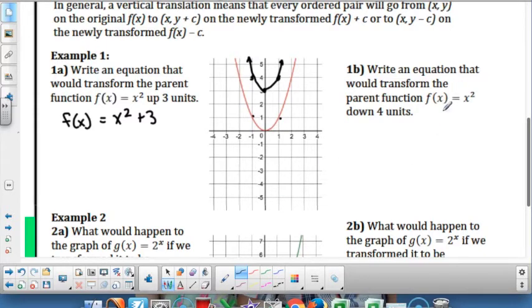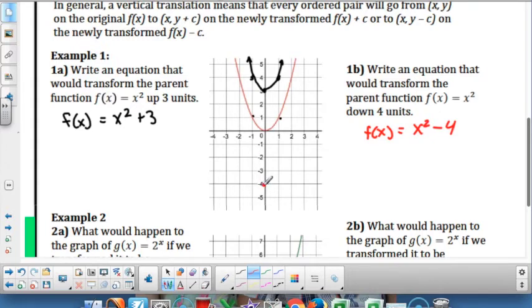If I have an equation like this that would transform this parent function down 4 units, then I'm going to subtract 4. So instead of adding, I'm going to have f of x is x squared minus 4. So when I graph that, each of these ordered pairs is going to go down 4 units.